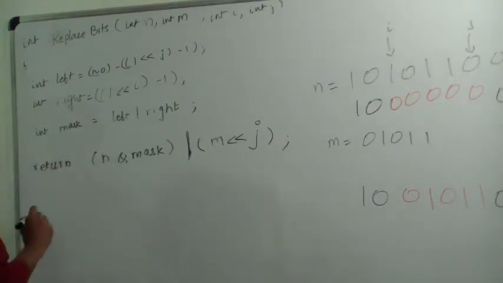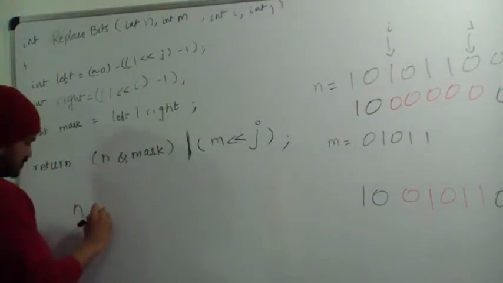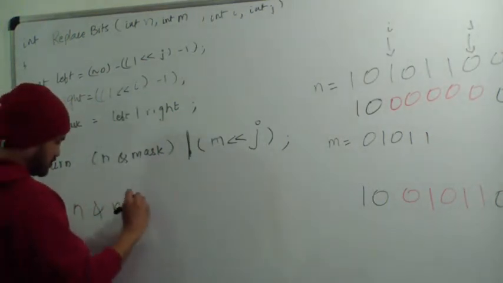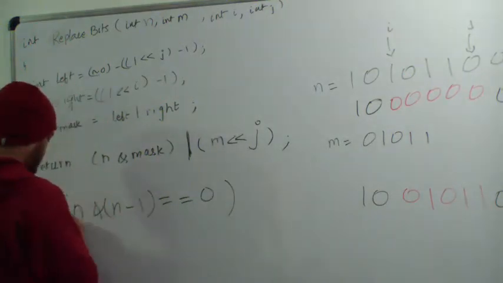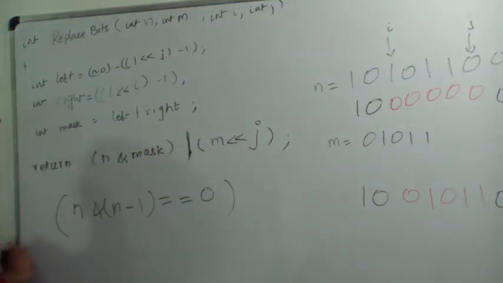Now a trick question for you. What does this mean? And what does it tell you about n when it's satisfied?